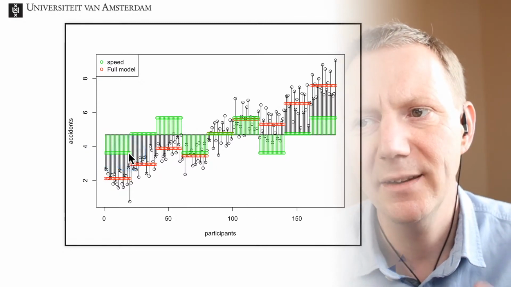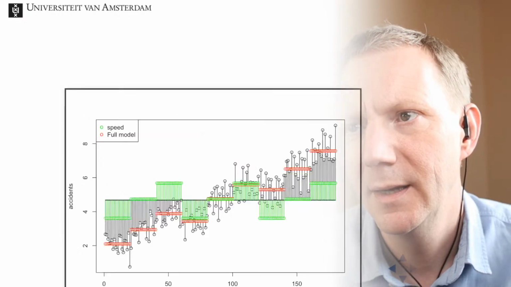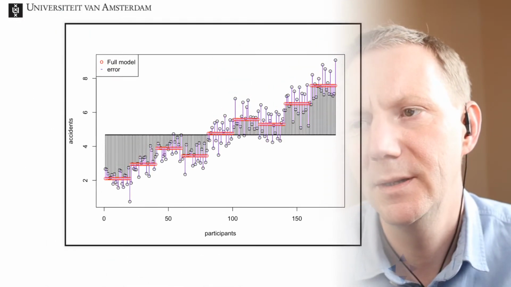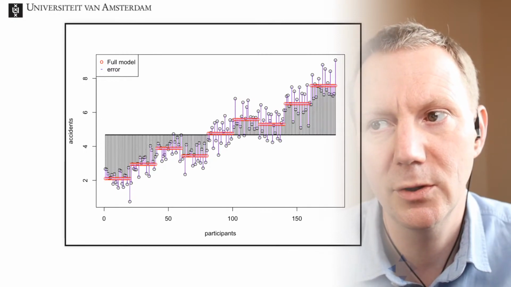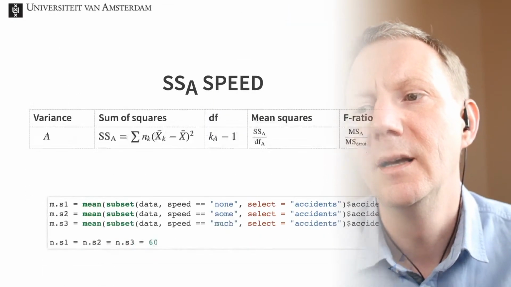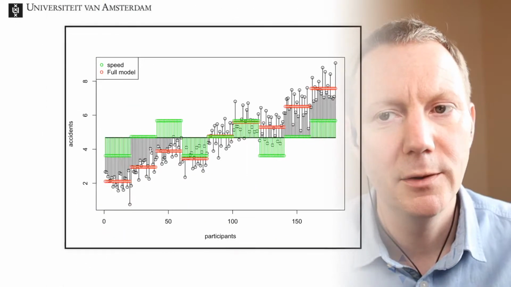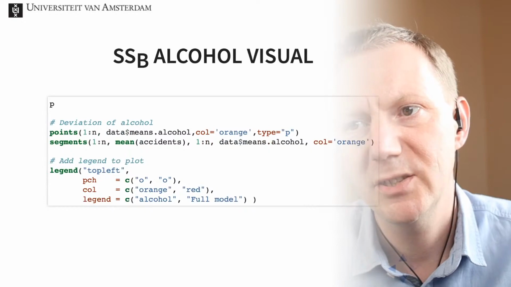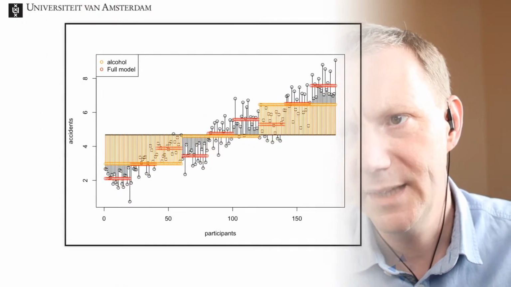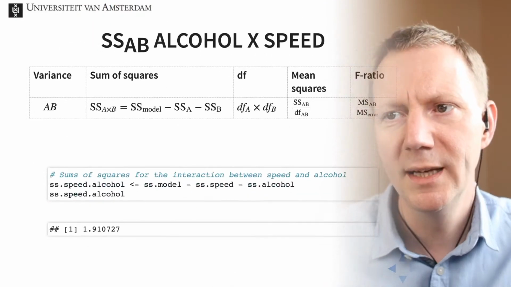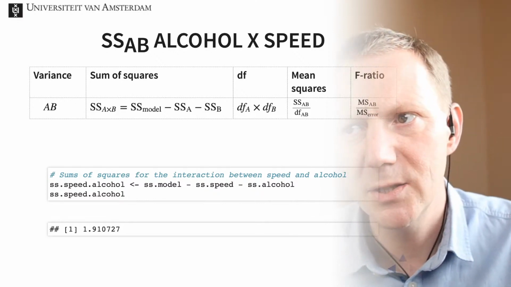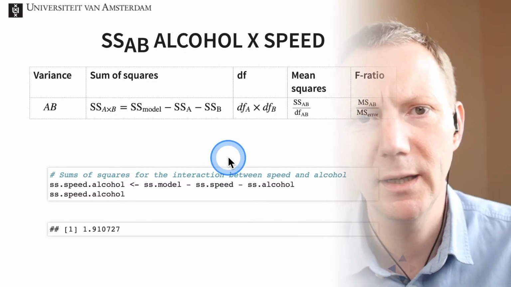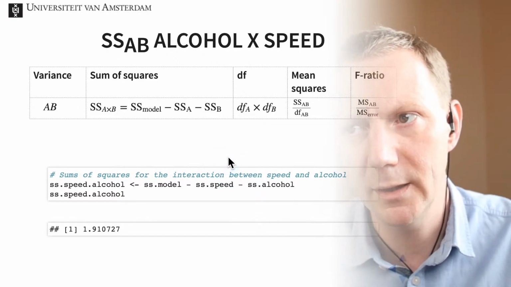So if we would add those two, and it would be the same as the expected values for the total model, then there would not be an interaction. So if you add those two and there's something left, then we're talking about interaction. So in this case, we actually calculated all the parts already.